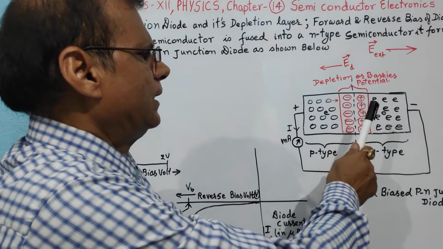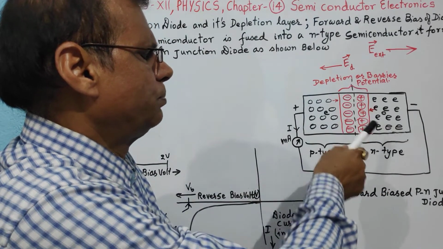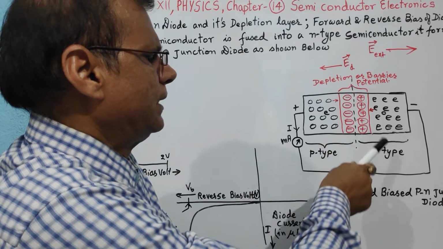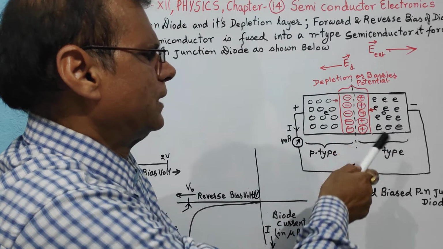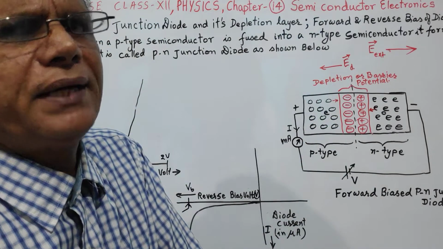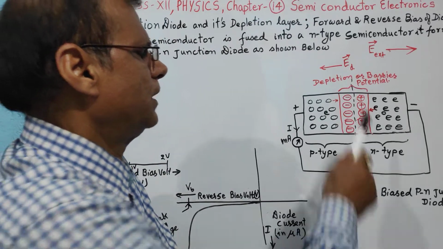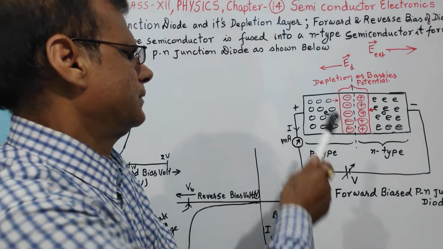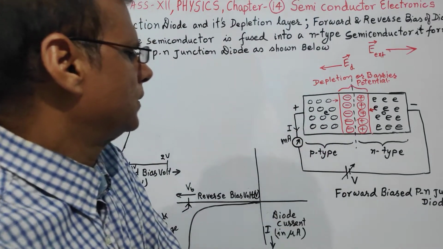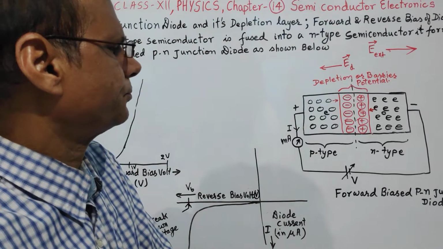And in the n-type semiconductor, what we have done, we have doped the pentavalent impurity in the intrinsic semiconductor so that one electron is left unpaired, and this electron is called the majority charge carrier of n-type semiconductor, and holes are called the majority charge carrier of p-type semiconductor.